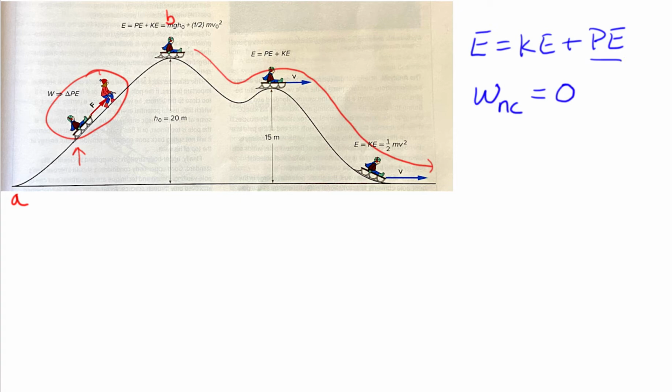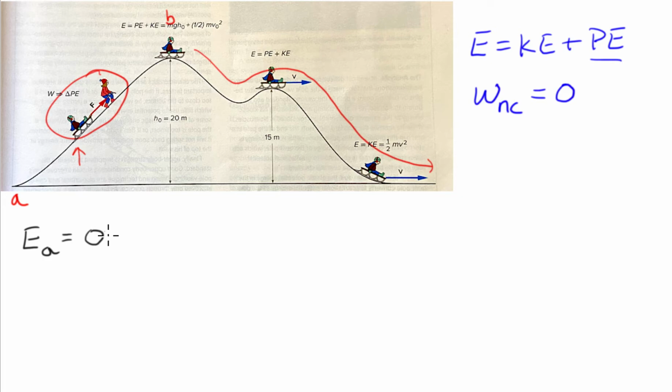So from A to B, I wonder if you think that the process conserves kinetic energy, conserves total mechanical energy. I say it doesn't. I say that at the bottom, the kid has no potential energy and no kinetic energy. So at A, the total energy of the system is equal to 0.